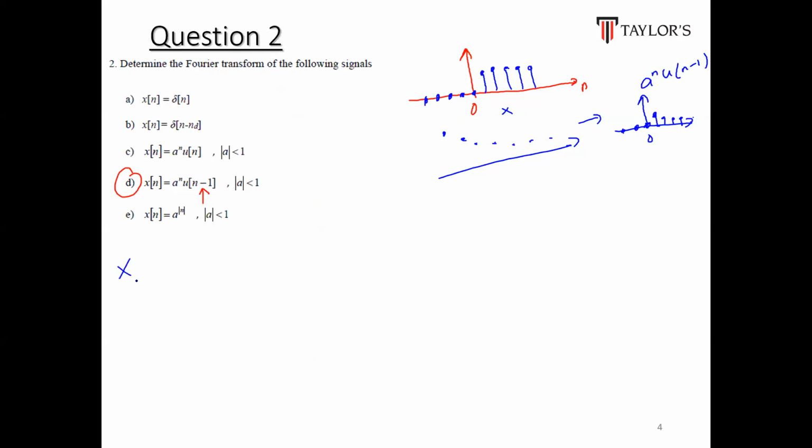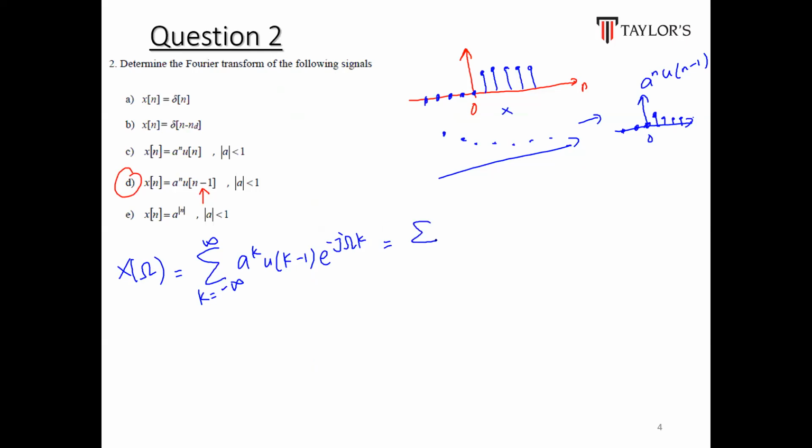Now, again, we write into our formula, k equals negative infinity to infinity, a^n u[n minus 1], e negative j omega k. Again, I use k, so everything has to be k. Now, just now you changed your sum from 0 to infinity, right?